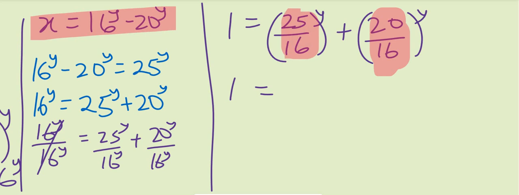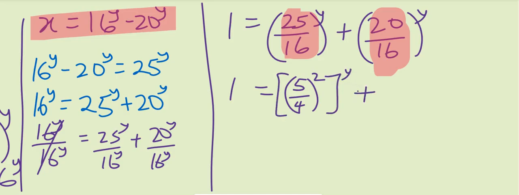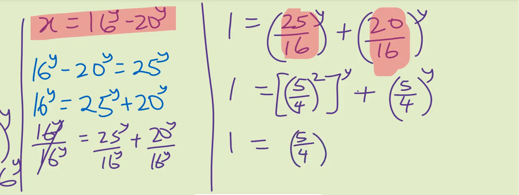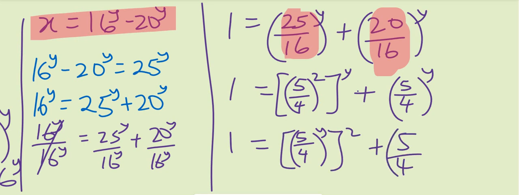So therefore I have 5 over 4 to the power of 2 everything to the power of y plus, if you reduce this to the lowest term, 4 can go into 20 and 16, so I have 5 over 4 to the power of y. This is making sense now. 1 equals 5 over 4 to the power of y everything squared plus 5 over 4 to the power of y.